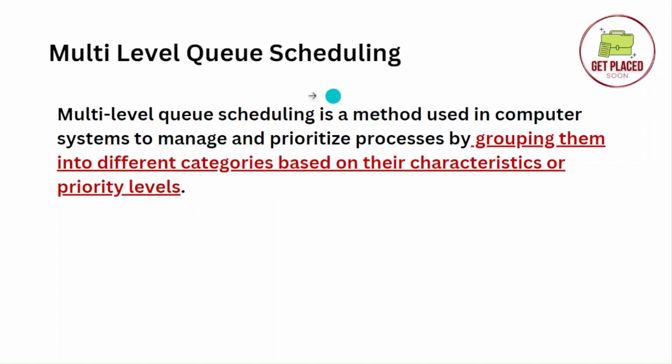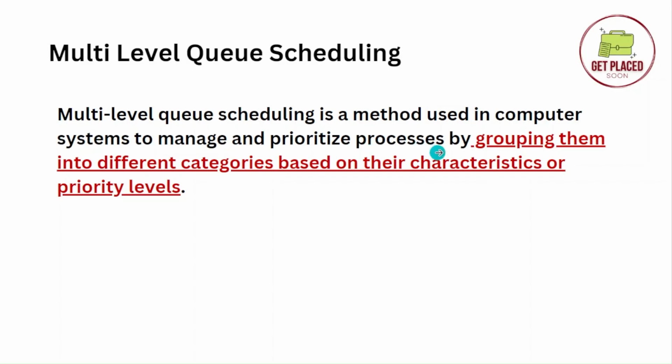This is a scheduling algorithm used to manage and prioritize processes. Now let's see how this multi-level queue scheduling algorithm works. In this algorithm, the main idea is to group the processes into different categories, based on the characteristics or the priority levels of the process.